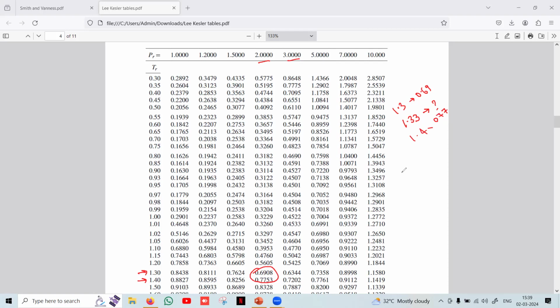First I find the slope. This is, for example, the y value and this is the x value. And we want to know the y value in between this.